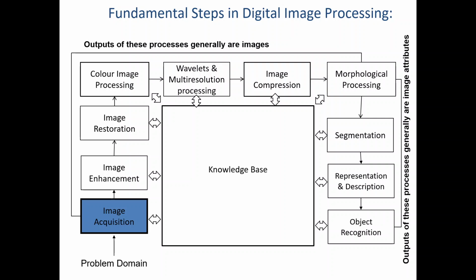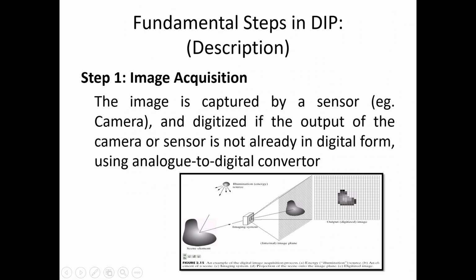First of all, we have image acquisition. So what is image acquisition? The image is captured by a sensor, such as a camera, and digitized by using an analog to digital converter if the output of the camera or sensor is not already in digital form.